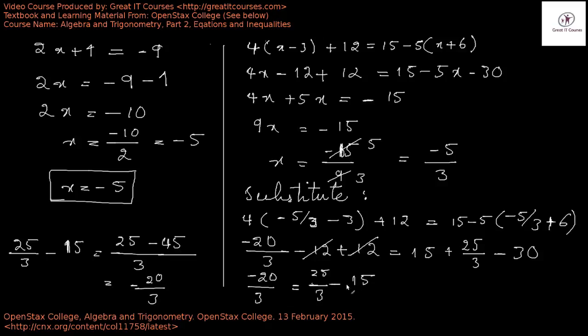So this whole thing becomes minus 20 by 3, and minus 20 by 3 is equal to minus 20 by 3, which means that the value that we found there is correct. So that is how you solve these kinds of equations, and they're easy and fun. Of course, if you do them my way, not the other way.